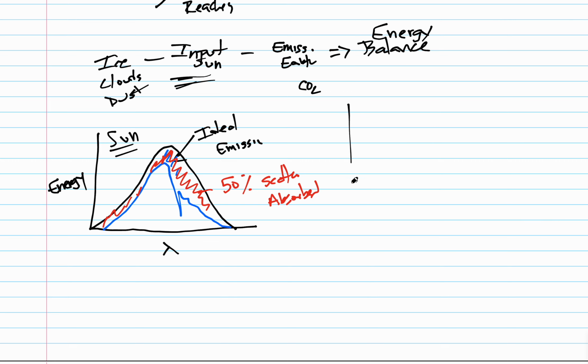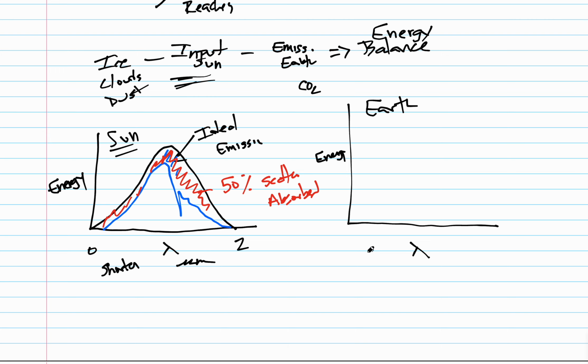We can do this exact same graph now, but for Earth. The y-axis again is energy, and it's Earth's emission, and the x-axis is wavelength. Now the wavelength here, I should put this down, is from 0 to 2 microns, because this is a shorter wavelength energy from the sun, maybe we could write that down, it's shorter.